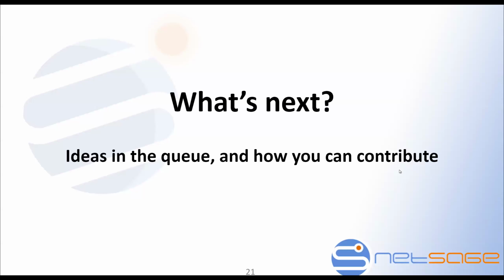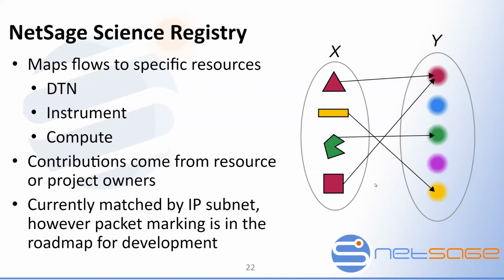Okay, we're going to talk quickly about what's next, and we'll talk about the science registry, because this will play in heavily to what's next and what Brian was just talking about. The science registry is user-contributed data that lets us more specifically tag flow and Globus information.